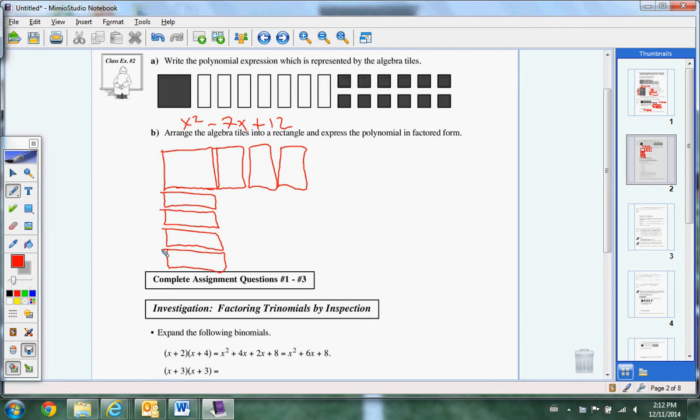Now, what do you notice about what's 3 times 4? 12. Okay, it's not a coincidence. This is the way this pattern is kind of working itself out. So we have 1, 2, 3, 4, 6, 7, 8, 9, 10, 11, 12. And then all these are dark.